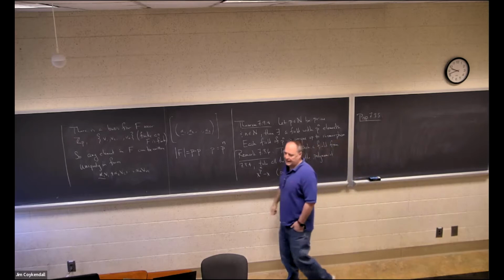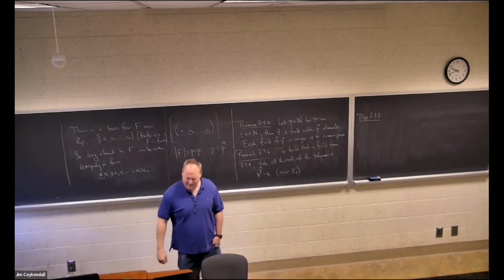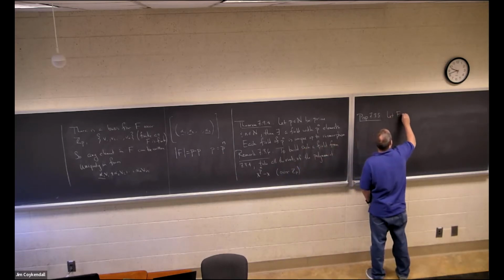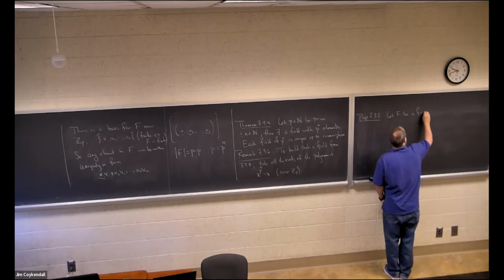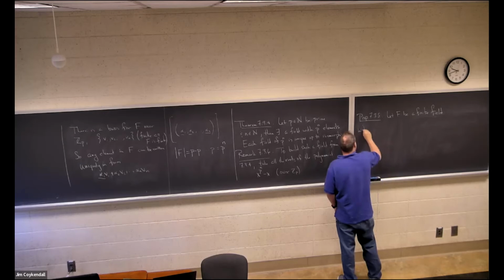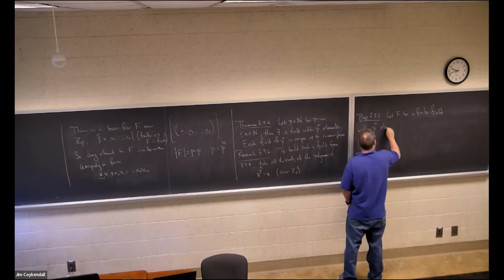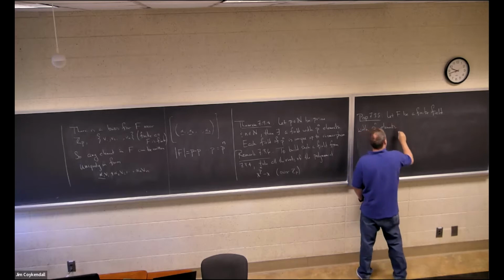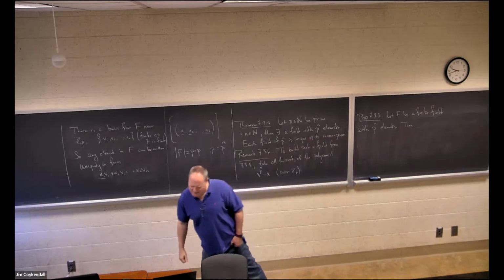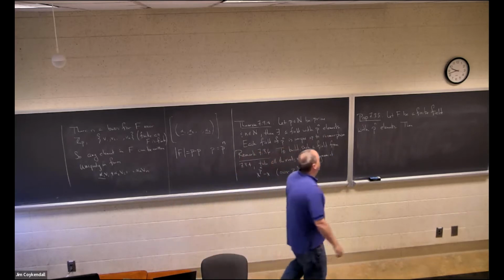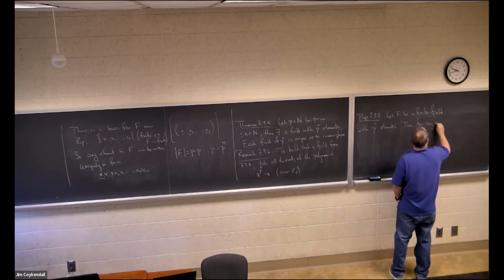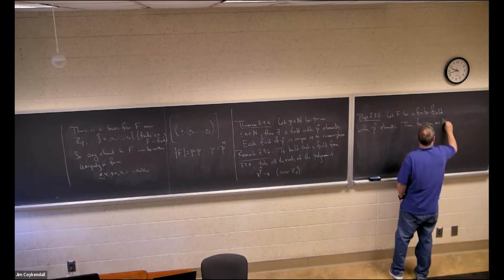Proposition 7-5. Let F be a finite field, with p elements, and n a natural number.